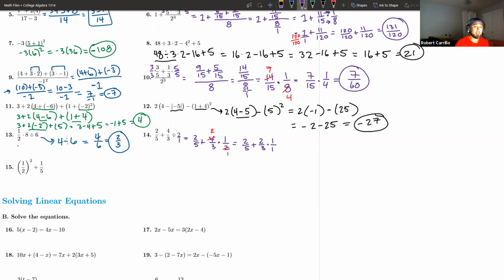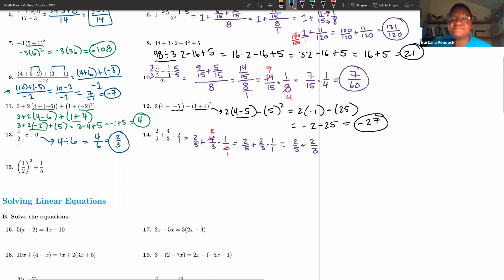What's 2/3 times 1 over 1? 2/3. Oh, good. Okay, so now you have 2/5 plus 2/3, and we need to add these fractions together, but in order to do so, we need that common denominator, which is going to be what number? 15.